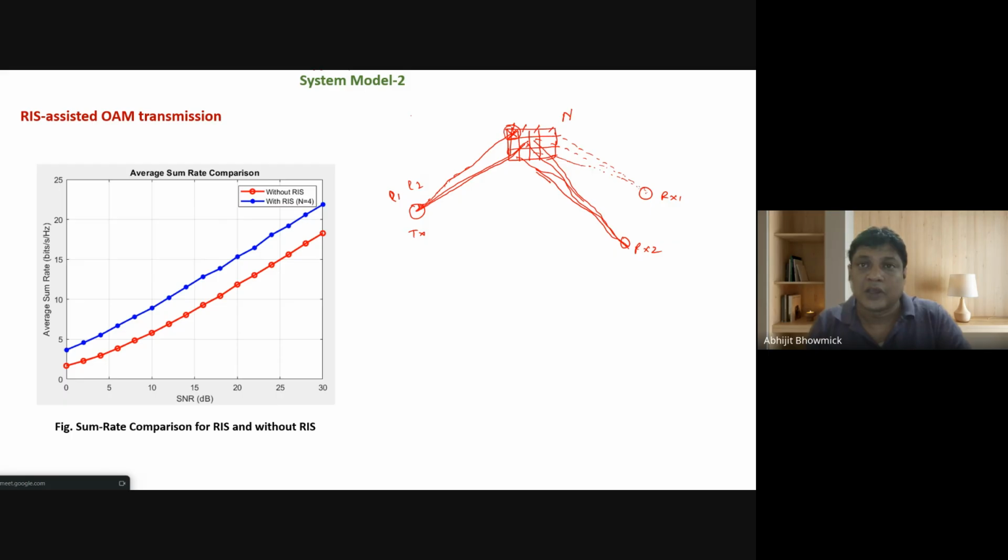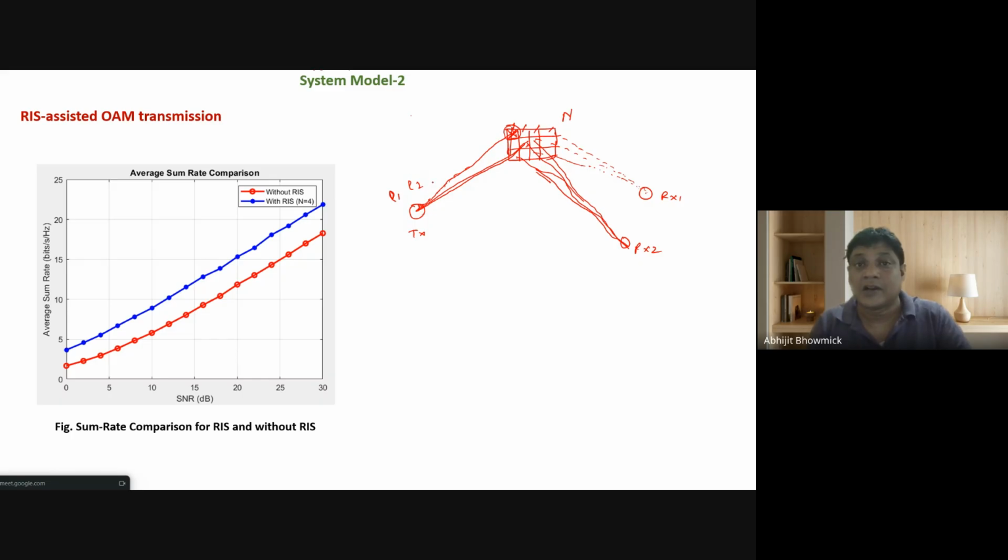From the kth element to Tx, in conventional communication, there is one link. But since this transmitter is transmitting two modes simultaneously, there will be two links for each element.